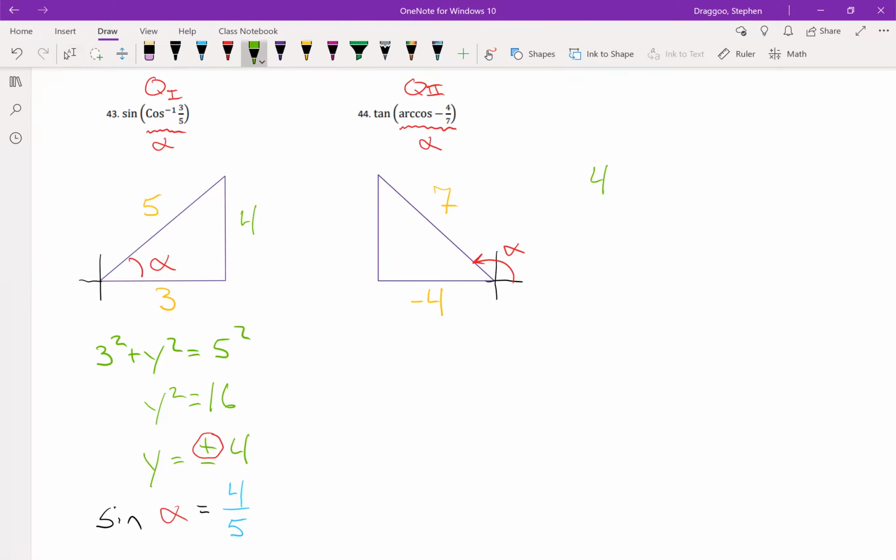So I'm looking at 4 squared plus y squared is equal to 7 squared, meaning that y squared should be equal to 49 minus 16, which should be 33, which means that y is either positive or negative root 33.